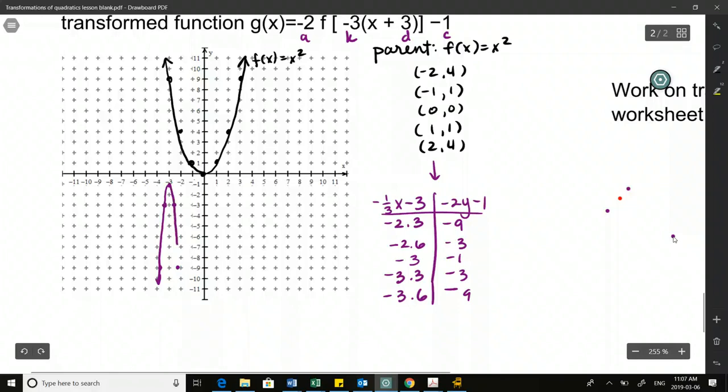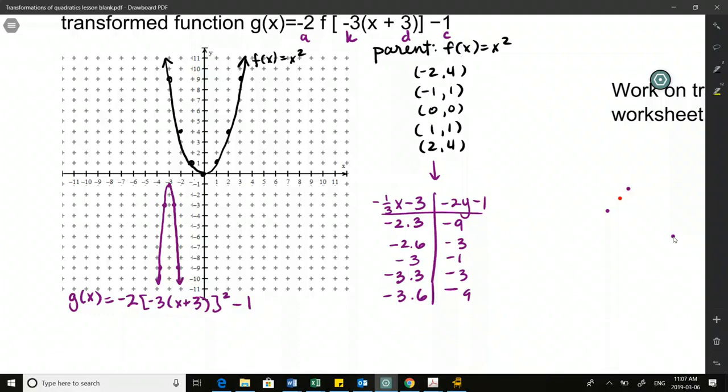Okay, so we should get something like this. And then transformed equation, drop the f and put a squared on that whole set of brackets there. So we should have this squared minus 1.